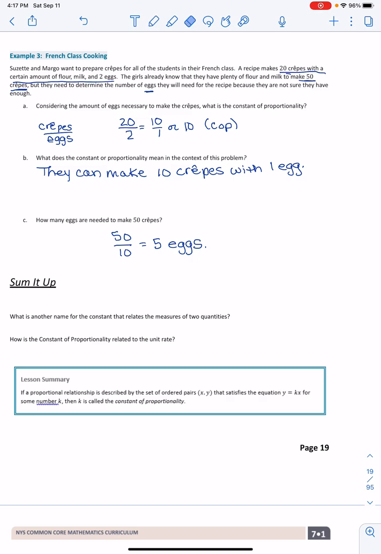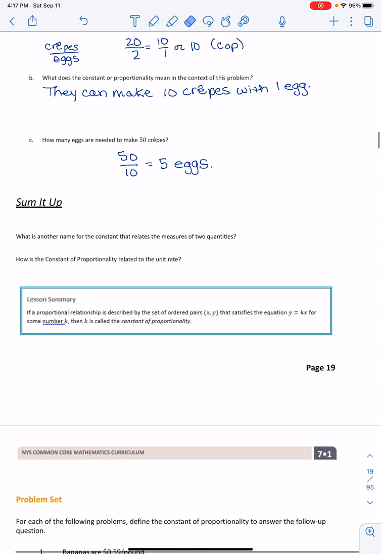So now to sum it up, it says, what is another name for the constant that relates measures of 2 quantities? Well, that is proportional relationship. And it says, how is the constant of proportionality related to the unit rate?